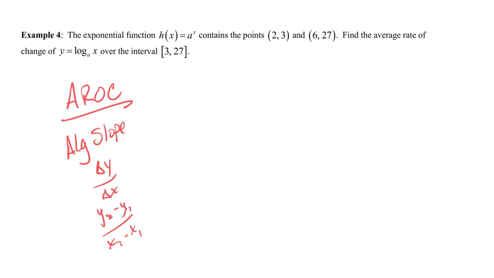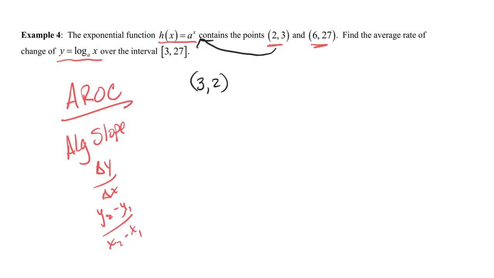So they didn't give me a lot here, but they did give me 2 points. And what we do know is that a logarithm and an exponential are inverses of each other. So if these are inverses of each other, what is an inverse again? It's not the opposite. It's a switching idea. So I know that if this point goes with that, then I also know that 3, 2 must go with my logarithm.